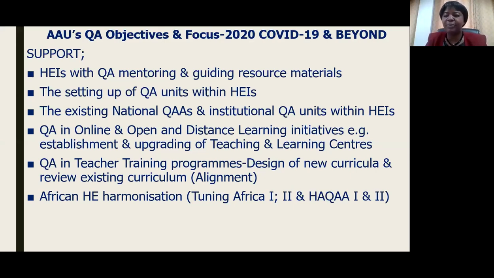That's what I've been doing all the years, and it's at my fingertips. The existing national quality assurance agencies and institutional quality assurance units, quality assurance in online, open and distance learning, quality assurance in teacher training programs.